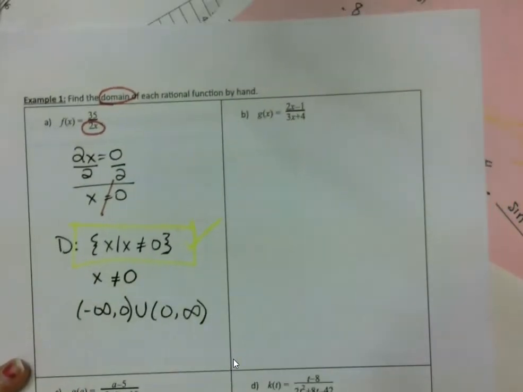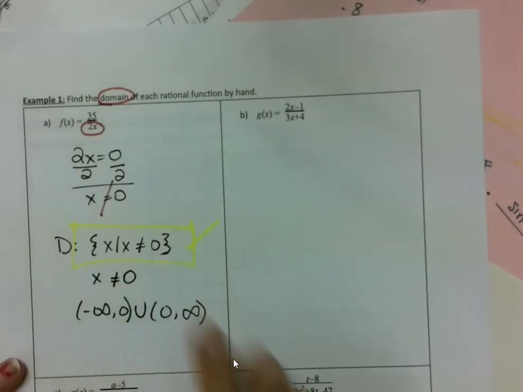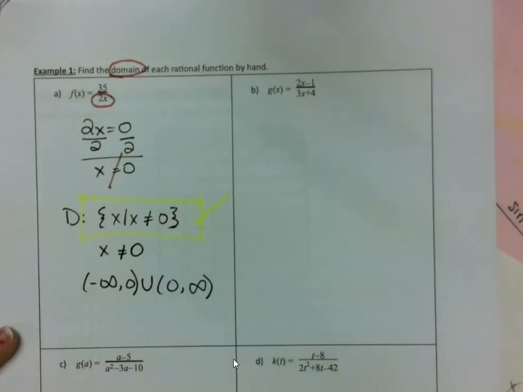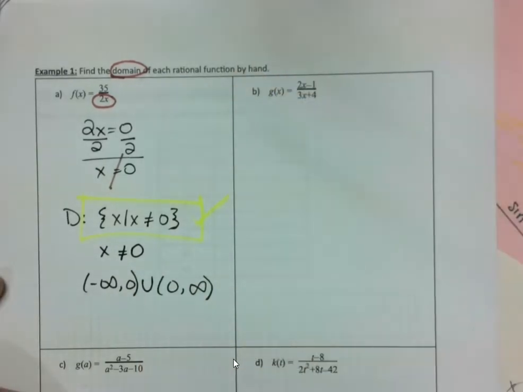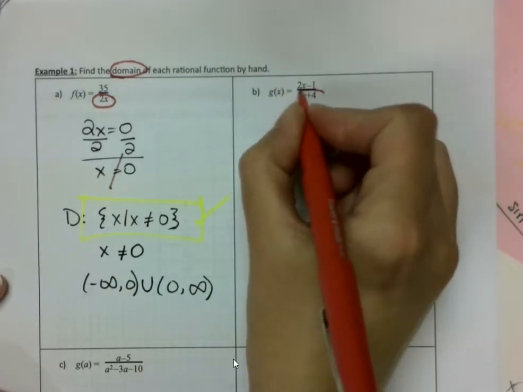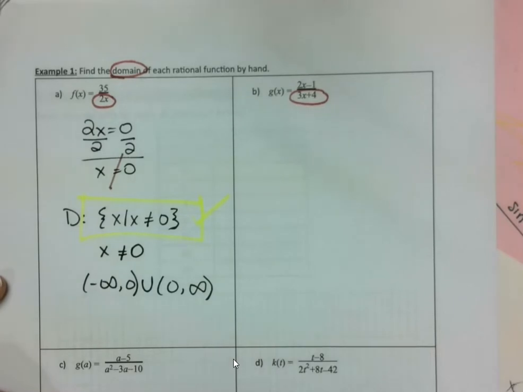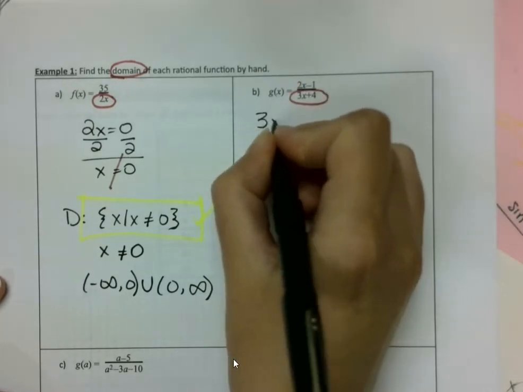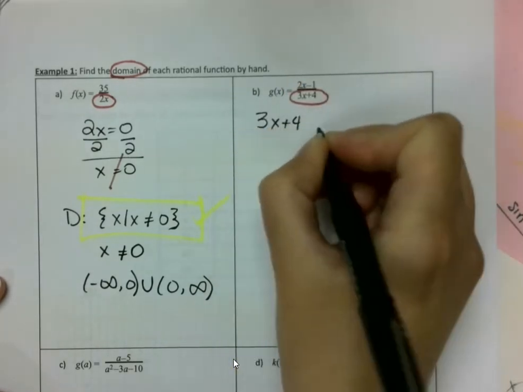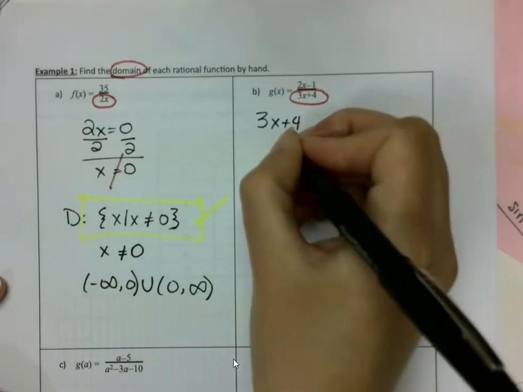All right, and in the future, for the rest of these, we'll just be working on that set notation. We don't want to write the interval in both of them for all of these. So, our domain, again, focus on the denominator. First, find out when it is 0 so you can throw that value away. So 3x plus 4 equals 0.